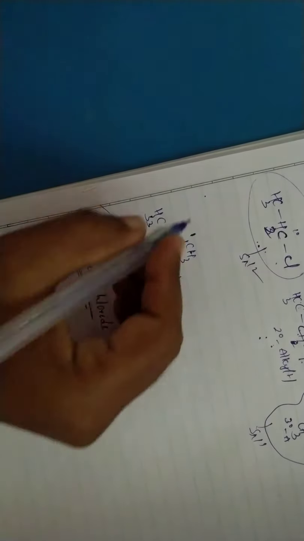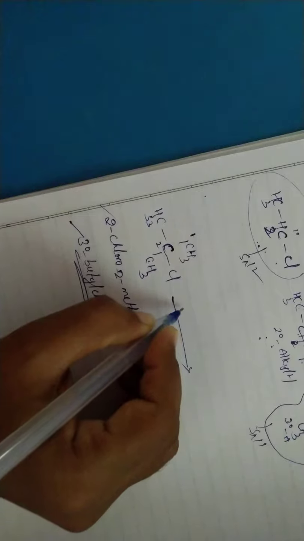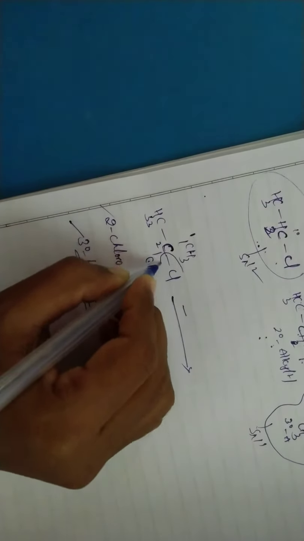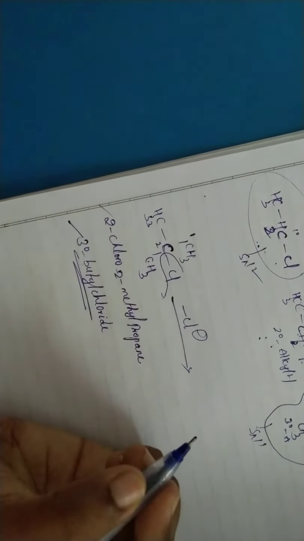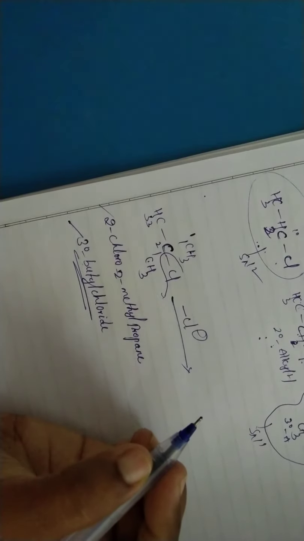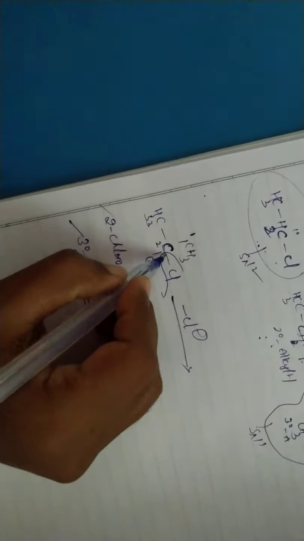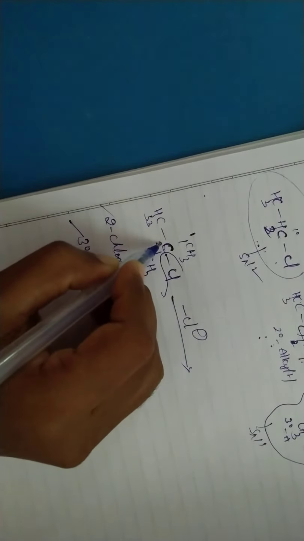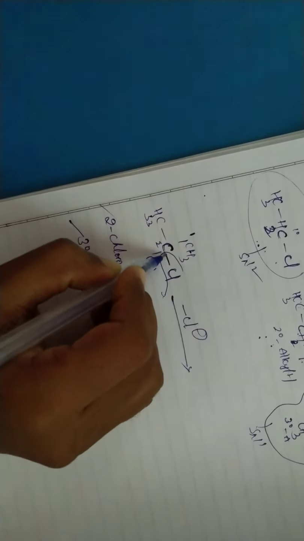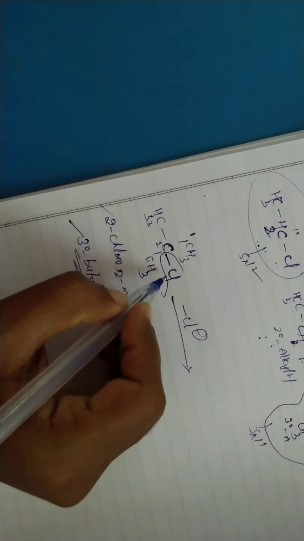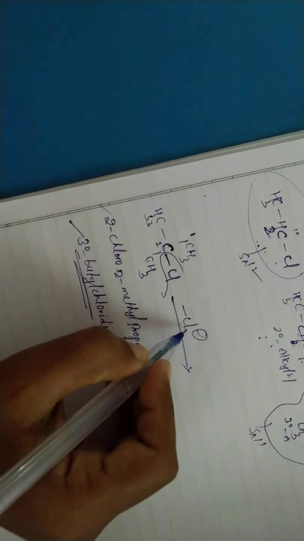So in step 1, let's see what happened. The chlorine is eliminated as Cl minus. Why? Because it is going out as the leaving nucleophile. The chlorine has more electronegativity than the carbon, so the bonded electrons are attracted by the chlorine and it is eliminated as Cl minus.